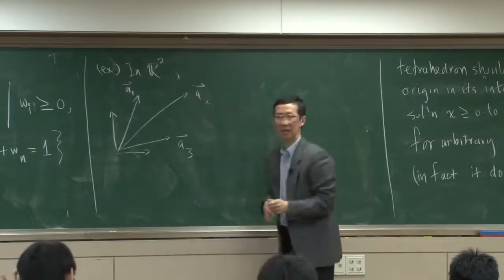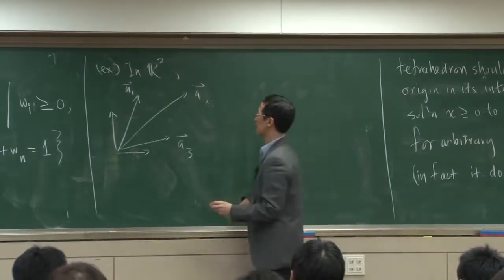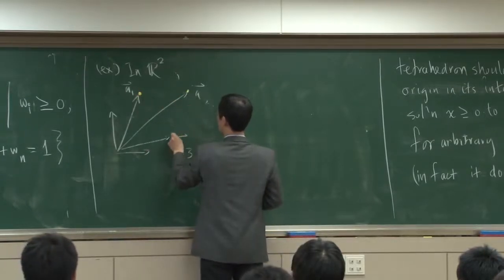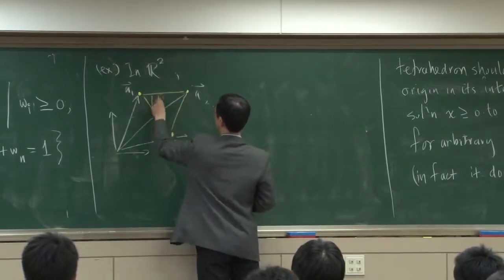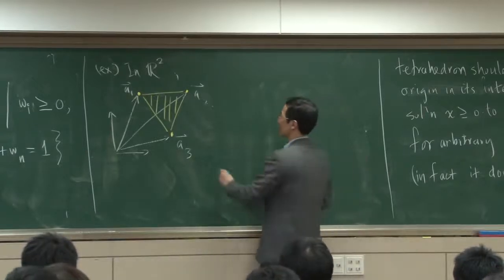The convex hull of A1, A2, A3, which are points, is that triangle.